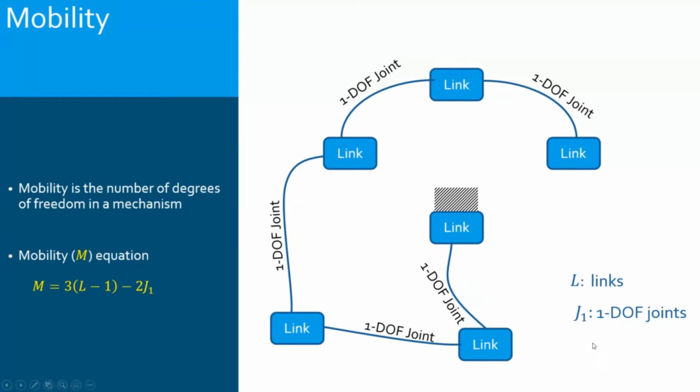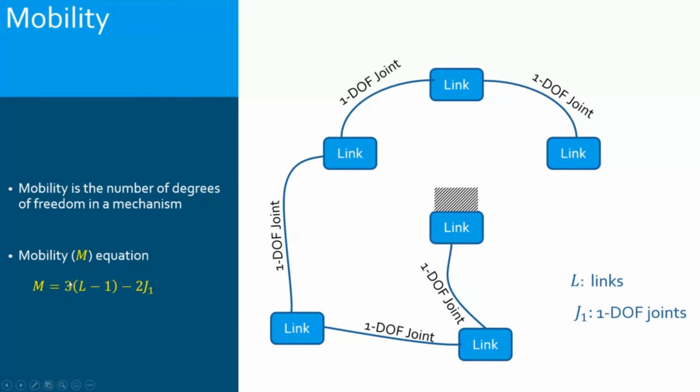So here, the J1, I will have all the pin and prismatic joints. Each one will block 2 degrees of freedom. So in all, I have consumed here 2 J1.